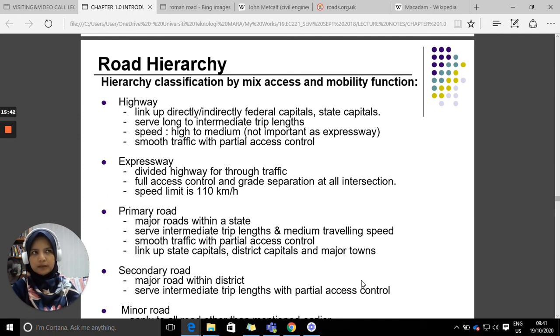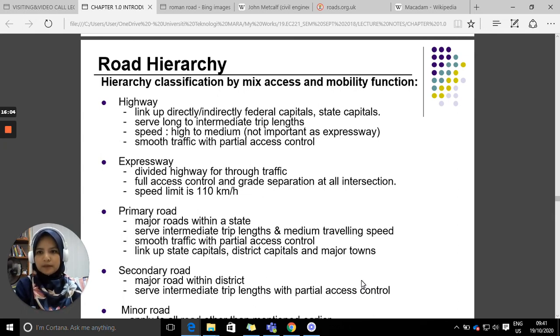Plus, I think all of us are used to saying that plus is actually highway. Kita selalu sebut nak naik highway. Going to KL, you'll be using highway, right? That is what we are used to.